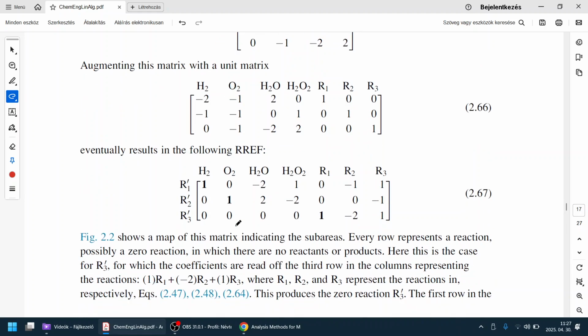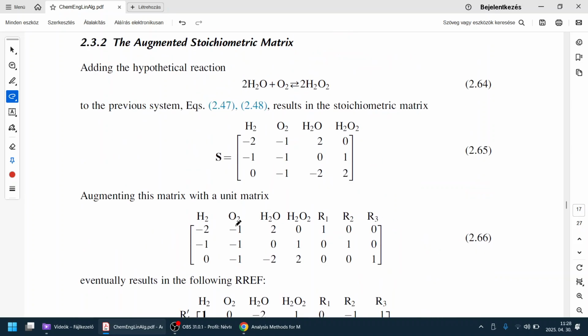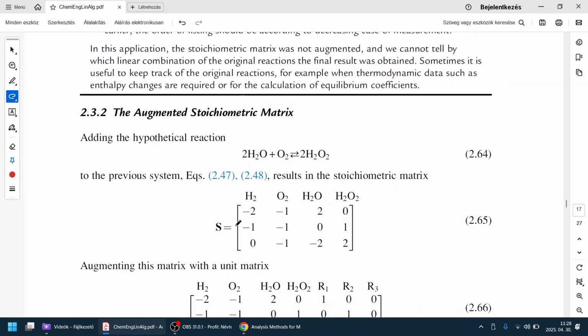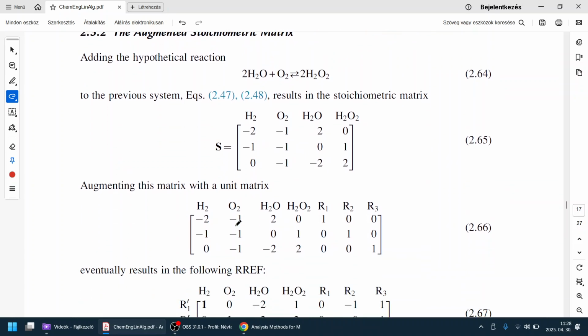Okay. So this is hydrogen peroxide from water and oxygen. From hydrogen peroxide, water and oxygen, and then yes, okay. I understand. So we are creating water, we are creating hydrogen peroxide, and from water and oxygen we are creating hydrogen peroxide. That's the first one, and these are the reactions.